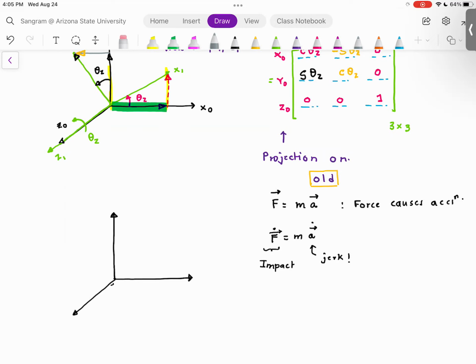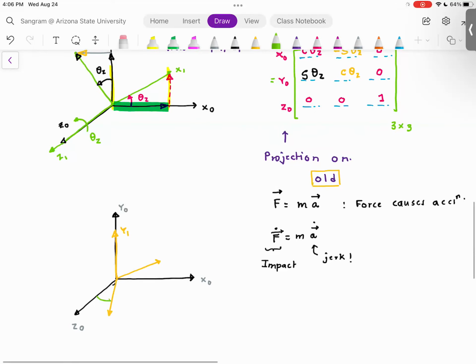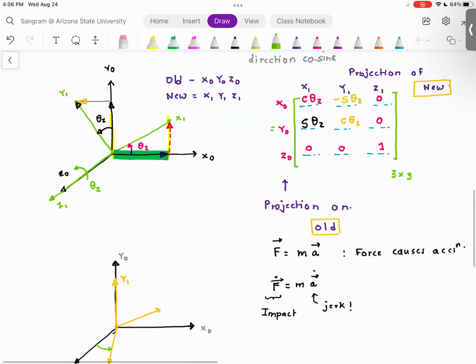So, jokes apart, rotation about y. If I rotate about y, my y1 is going to be like this, and I'm going to have a rotation like this. I don't know if I mentioned this explicitly: these rotations are positive.